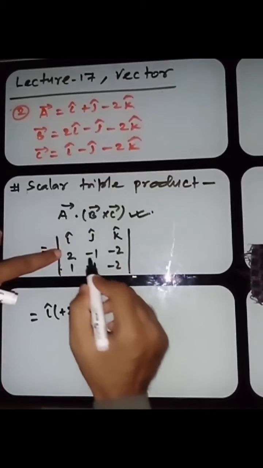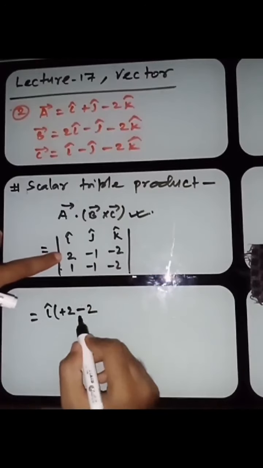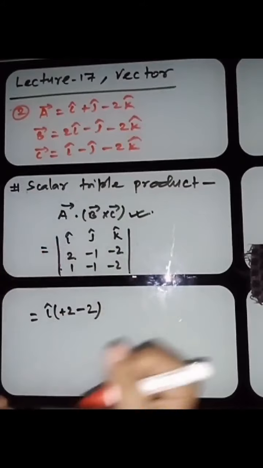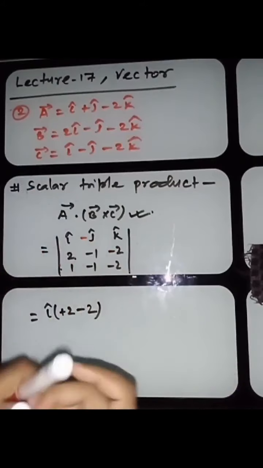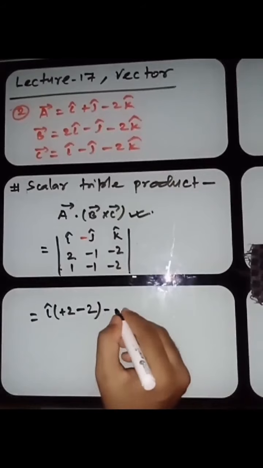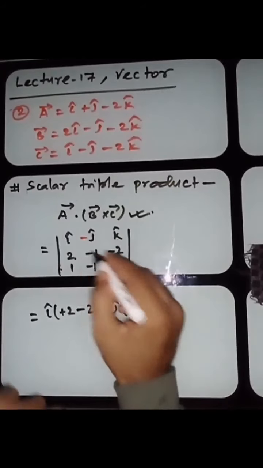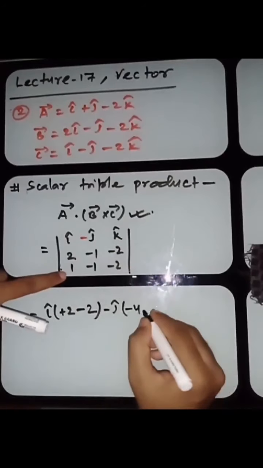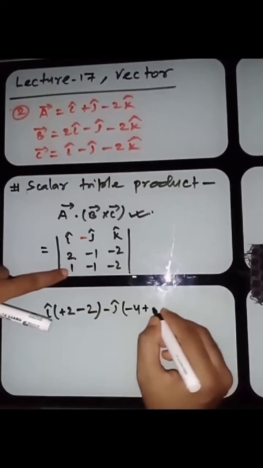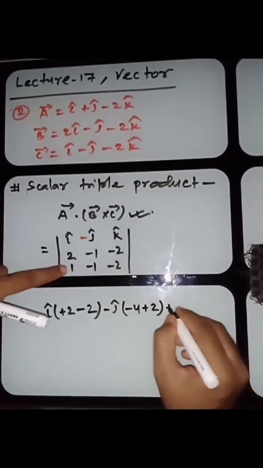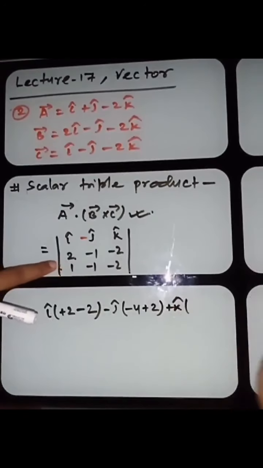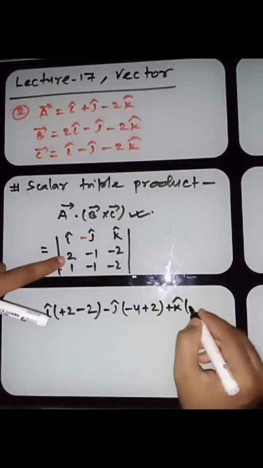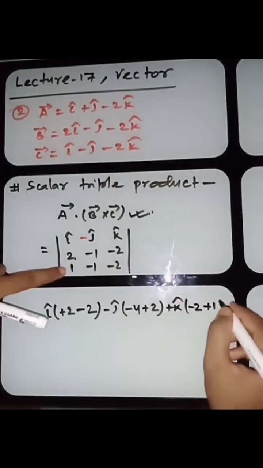In the formula the middle term is minus j, so it is minus j times minus 4 and plus 2. For the k, it is plus k. Now you can see minus 2 and plus 1.